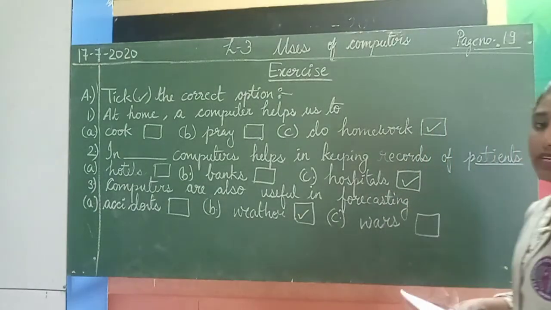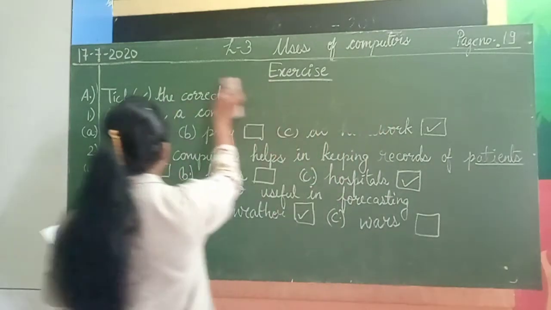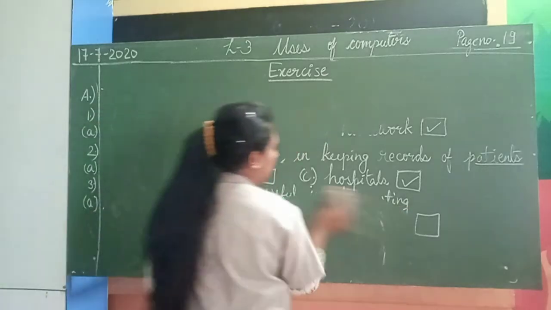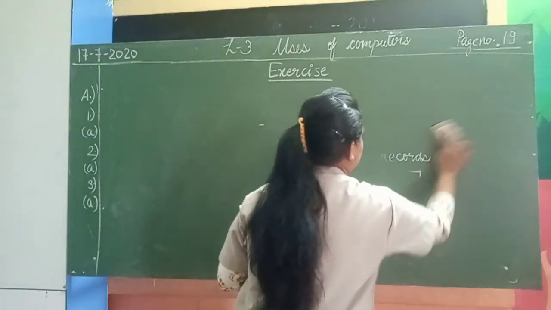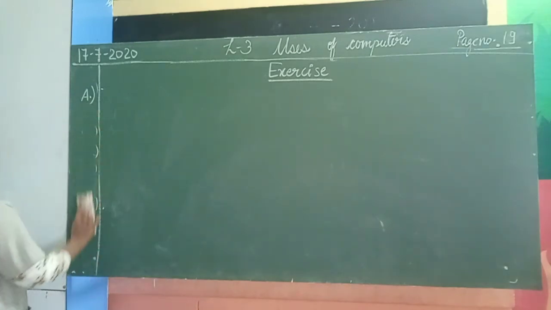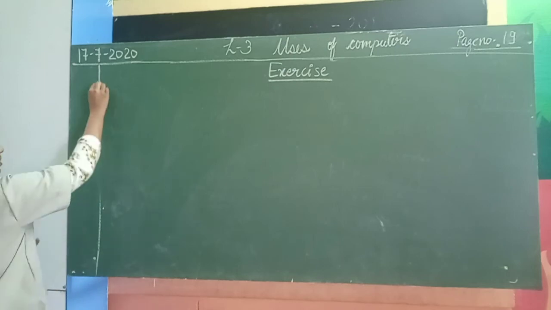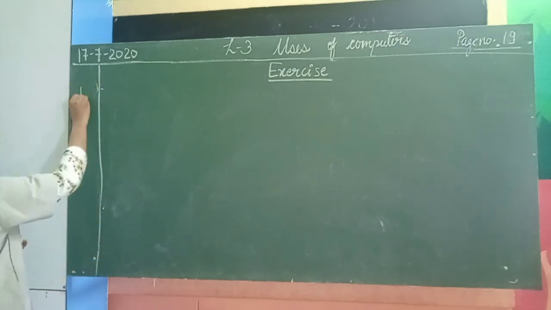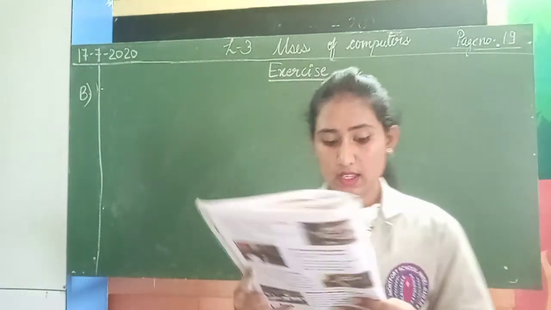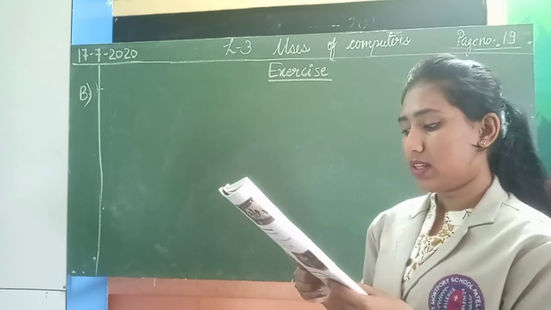Now we will move on to the next question. Next question, that is question number B, fill in the blanks, right? So in question number B, what is given? Fill in the blanks with the correct words.